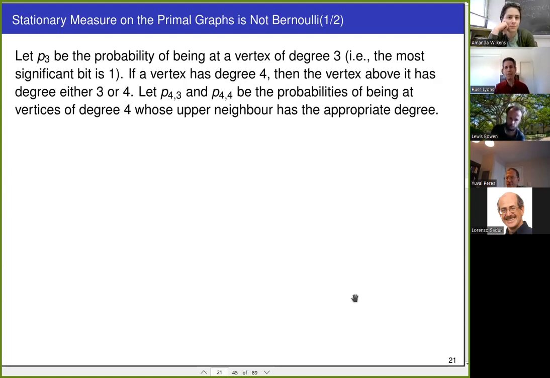Now, if a vertex has degree 4, then the vertex above it could have degree either 3 or 4. Let P4,3 and P4,4 be the corresponding probabilities for our stationary measure. This is a decomposition, a partition of the space into 3 pieces, so the probabilities add to 1.